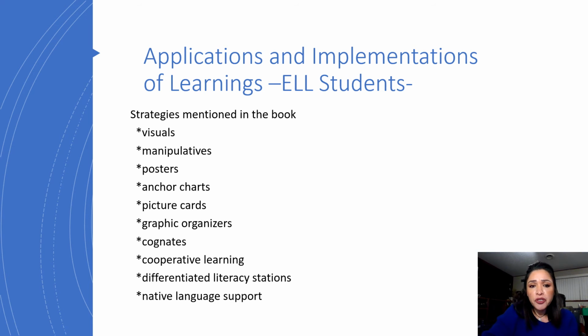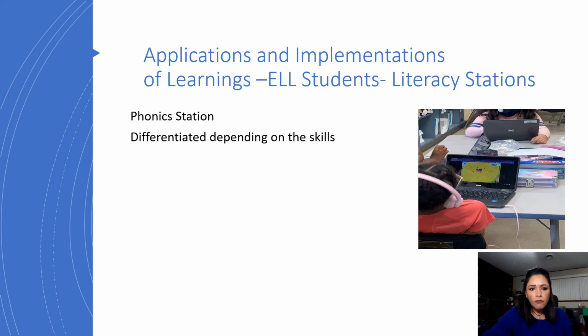Other strategies mentioned in the book were visuals, manipulatives, posters, anchor charts, picture cards, graphic organizers, cognates, cooperative learning, differentiated literacy stations, and native language support. I will talk about how we implemented some of these strategies during our next slides, which are during our literacy stations. So here you see a phonics station, where the student is working on skills differentiated depending on the skills.